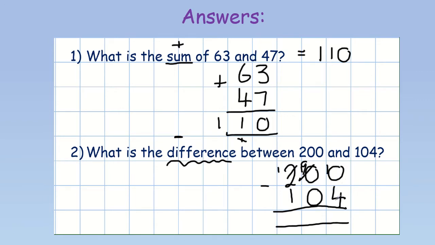So 10 take away 4 leaves you with 6, 9 take away 0 is 9, and 1 take away 1 leaves you with nothing. So the difference between 200 and 104 is 96. Well done.